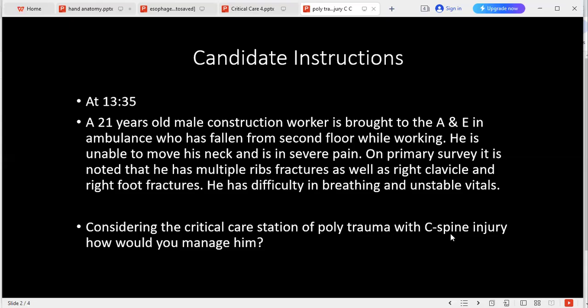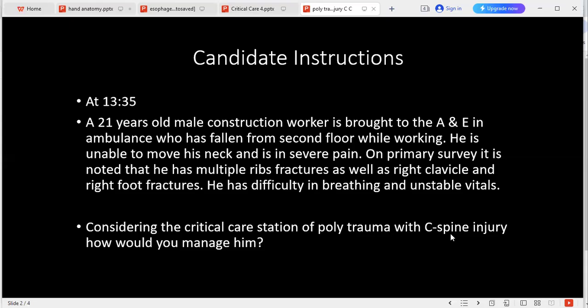Then I will also feel for the trachea, whether it is central or not. I will also measure the respiratory rate of the patient. Then I will palpate for any crepitus or surgical emphysema. And if there is any open wound, I will use dressings to occlude the wound.